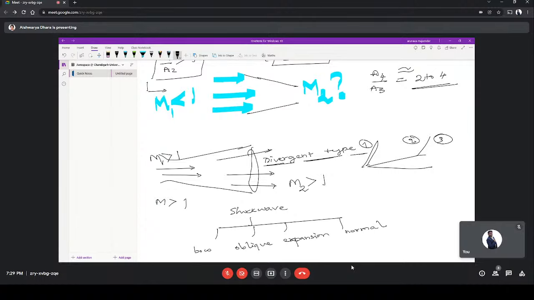They will ask you at what places what kind of shocks will be produced. They might give you some angle of attack, at what angle it is inclined. So all those parameters they might give you. They will ask you at point 1, 2, 3, 4 or whatever it is, what different types of shock wave will form. So you should have a clear understanding of the bow shock wave, oblique shock wave, expansion shock wave, and the normal shock wave, right?